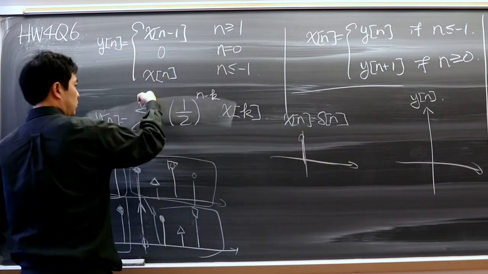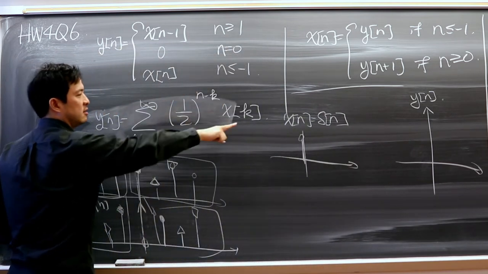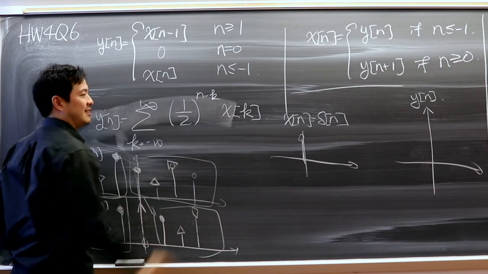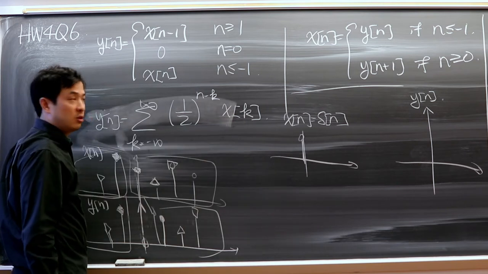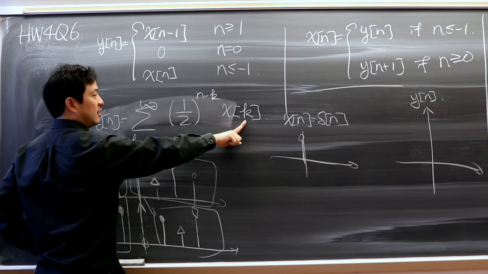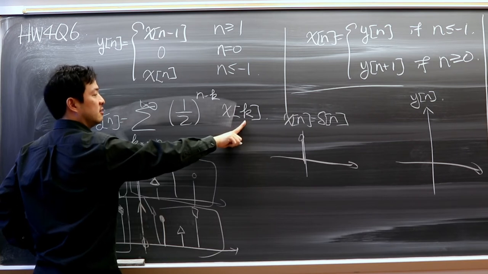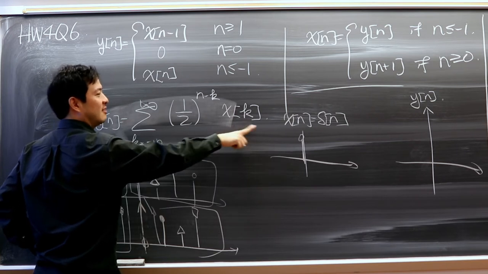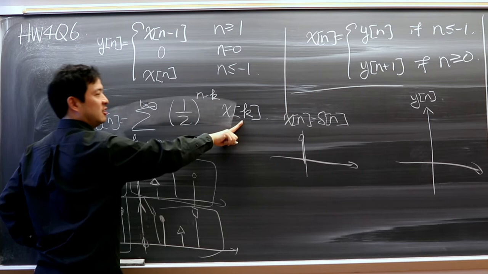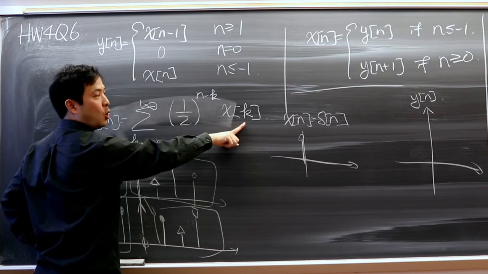Out of all this, only one term is non-zero. Only when k is what is it non-zero? k is 0. x of k is delta, so it is only non-zero when k equals 0.